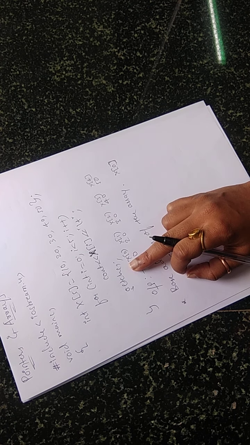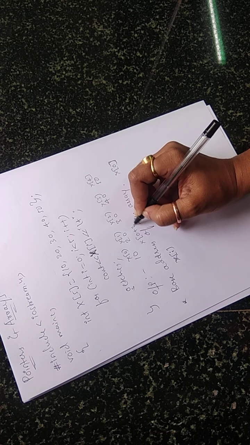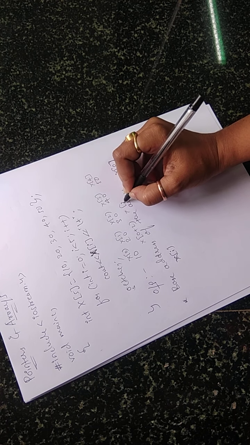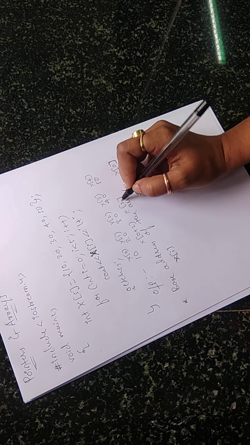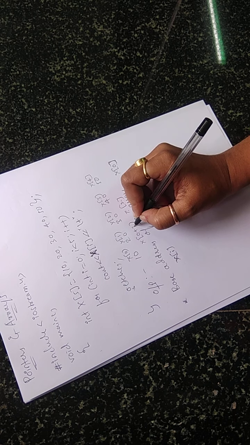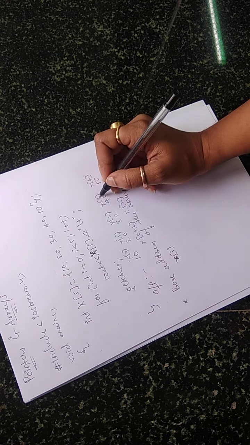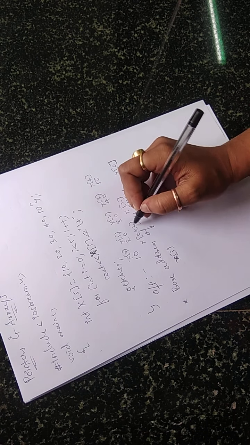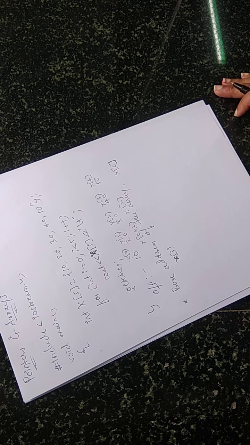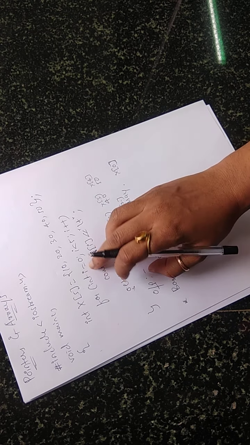For example, if you want to access the second element, x of 0 plus 2 is added, so it will go directly to x of 2. We are not saying x of 2, we just add the value: second plus 2, first plus 1, third plus 3, fourth plus 4. Like that, we just add the value of I.